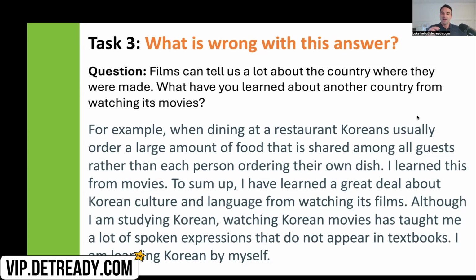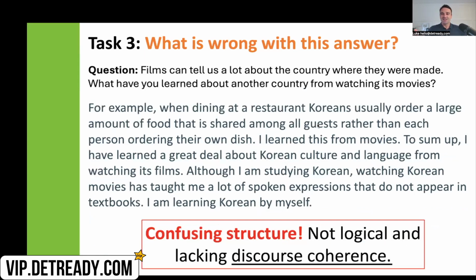I can see here. Basically, this answer, when you read it, is it easy to read and understand, or is it a bit confusing? It's a mess. Yeah, messy, confusing. And that is because it lacks in discourse coherence, right? It's just using a confusing structure.